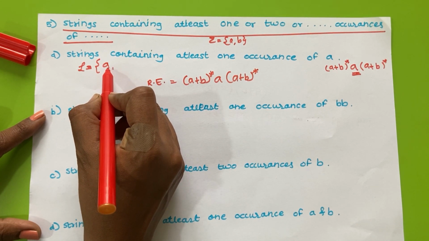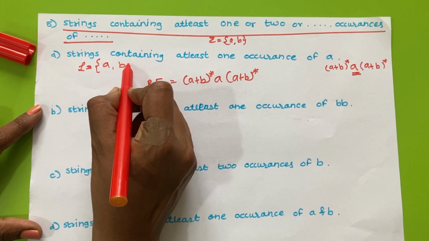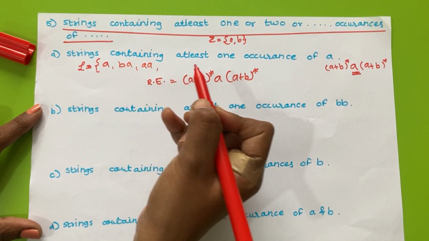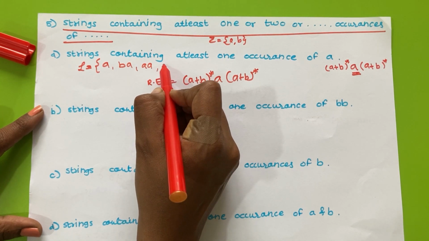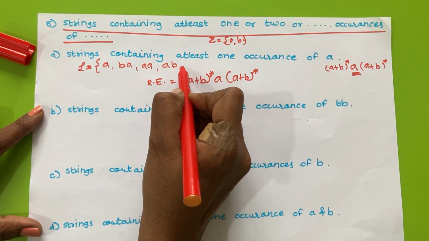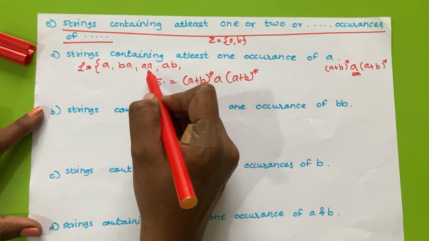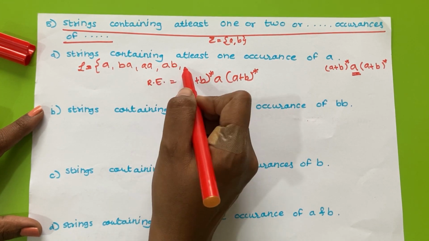Here I have a compulsory a, then before this a I can have b, or I can have a also. Or after this a we can have b and double a also. Double a I have already included here, so I'll skip that.